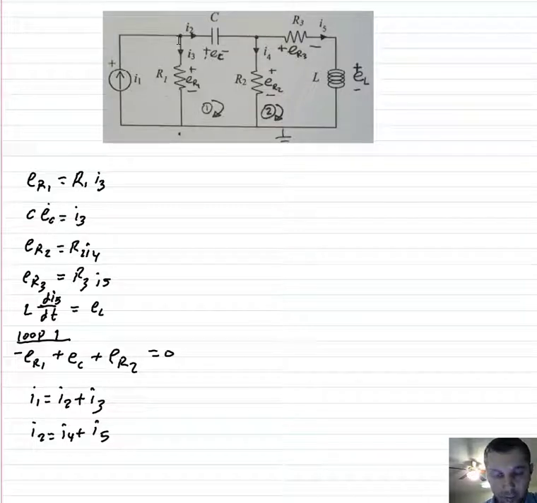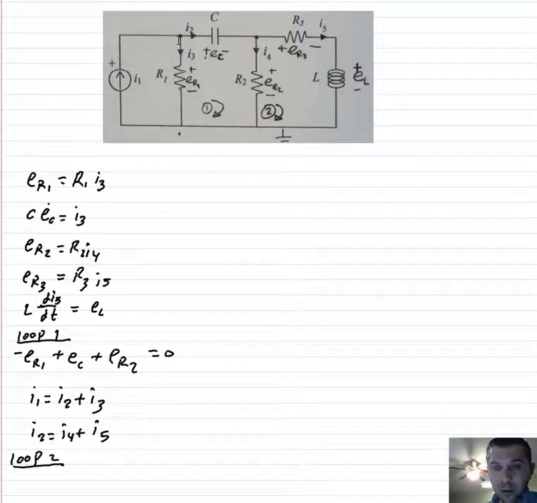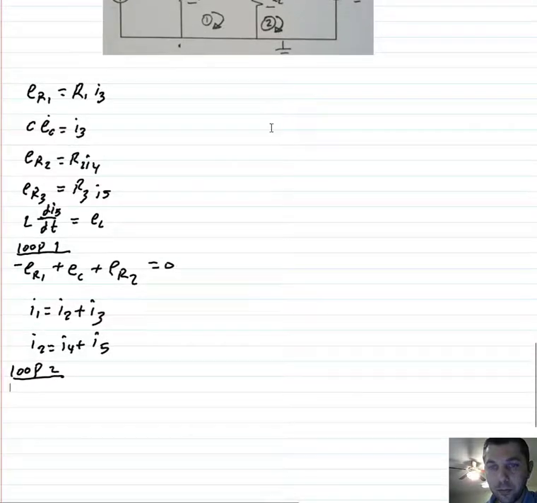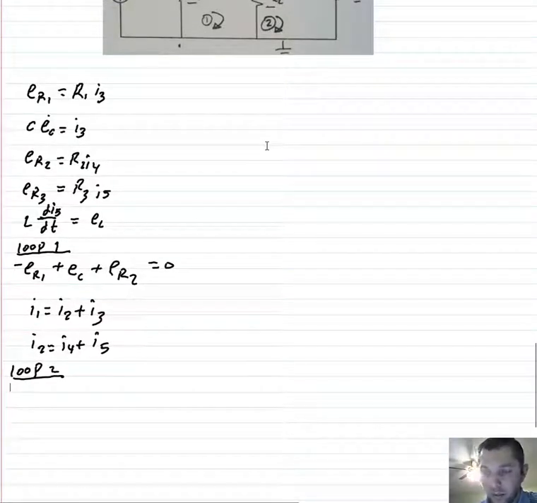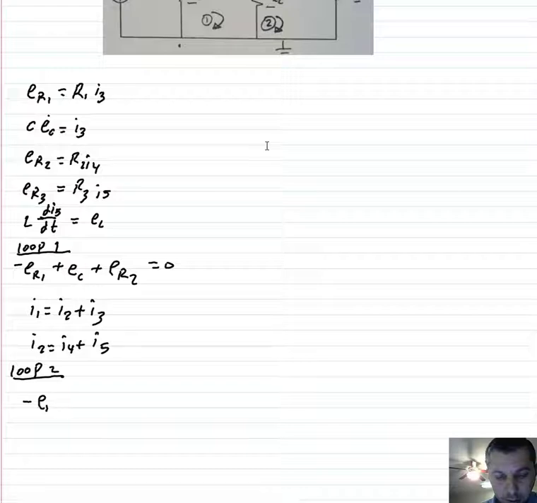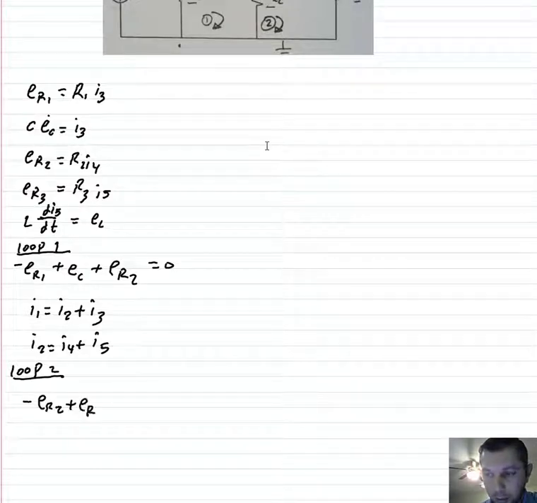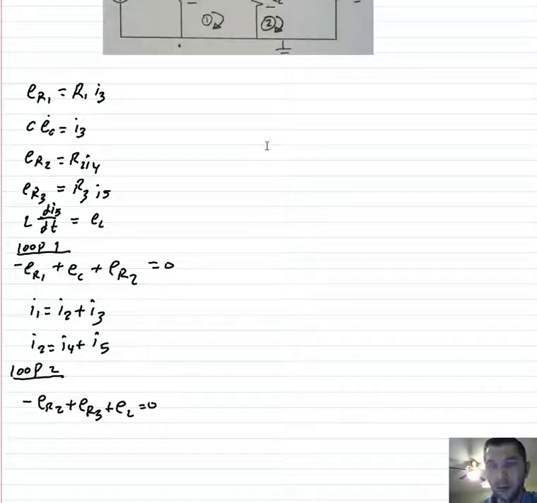And for loop 2, this is loop 2, we have minus ER2 plus ER3 plus EL is equal to 0.